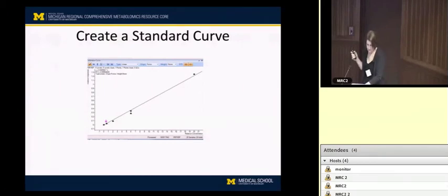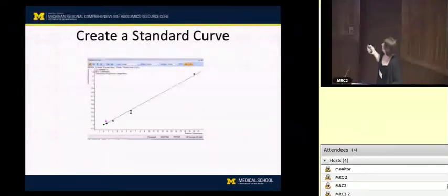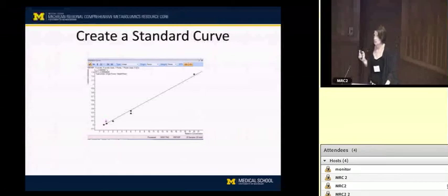One of the things that's important about a calibration curve is that we generally do a calibration curve for every metabolite in a targeted analysis, but you would also like to have internal standards for each of the metabolites if possible, because you want to make sure that from one run to the next the instrument's behaving reproducibly.